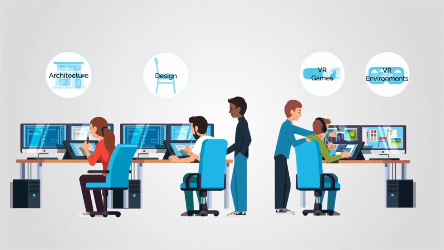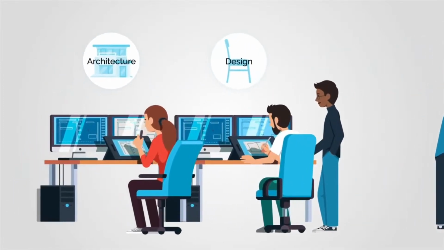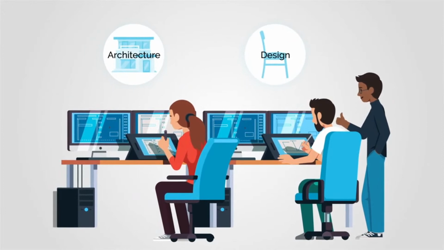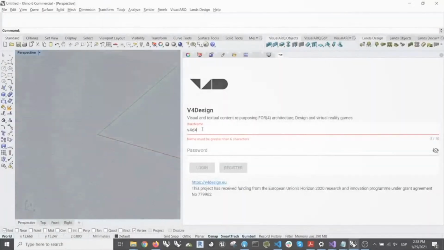The first 2 are applied to architecture and design, where V4Design inspires and supports architects, designers, and artists in designing and creating large objects such as buildings, statues, etc., and novel collections of small-scale industrial objects like furniture.